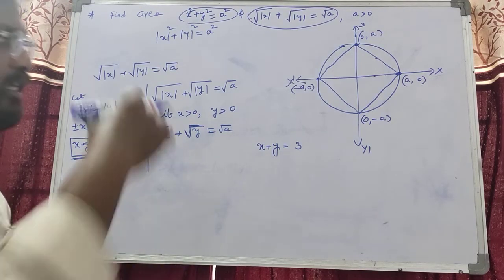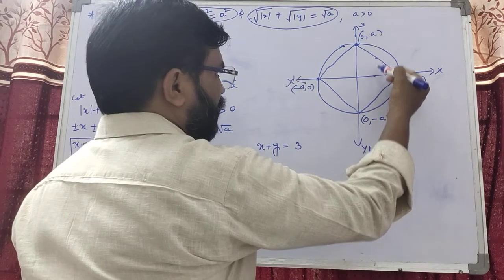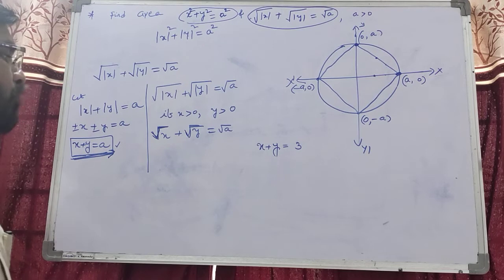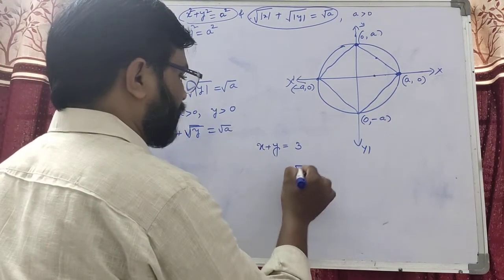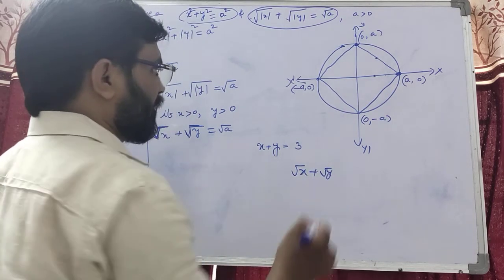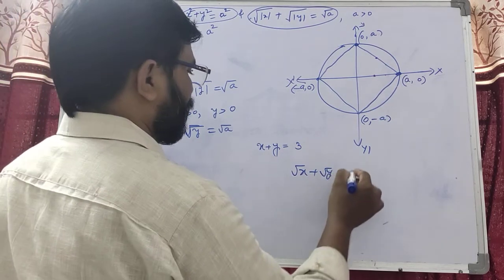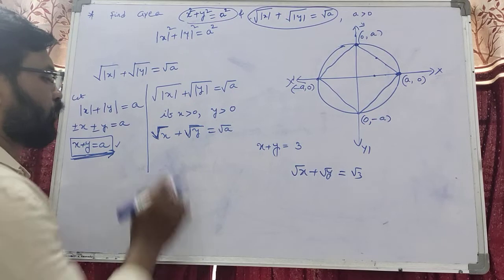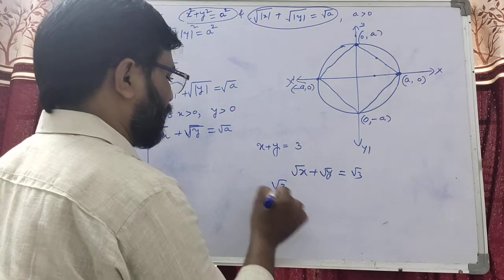That's why, what is the position of 3 by 2? When we take 3 by 2, now the graph of root x plus root y equals root 3 by 2. Okay students, all of you listen, put x equal to 3 by 2.